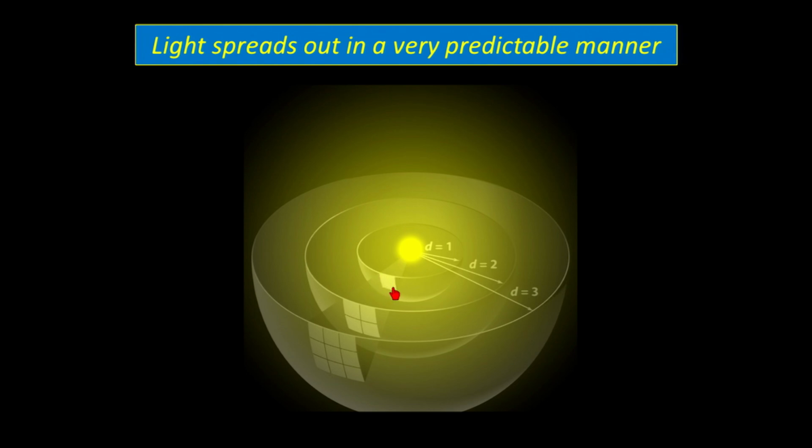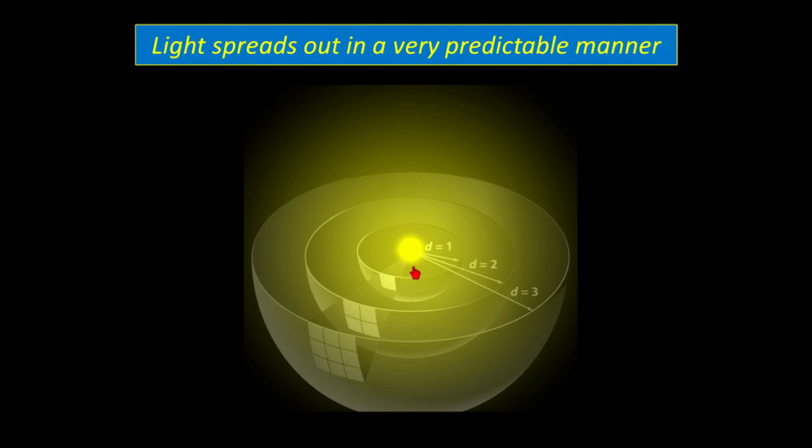So we'll make it a square to make the geometry even easier. And what I want you to notice is that when this same amount of light reaches this distance, which is twice as far away, notice how the square has become larger. And when the original light has reached this distance, 3 times as far away, notice how the square is, again, larger. But how the square becomes larger is the critical part.